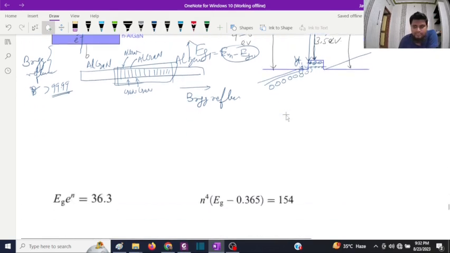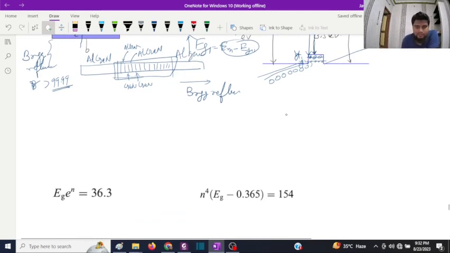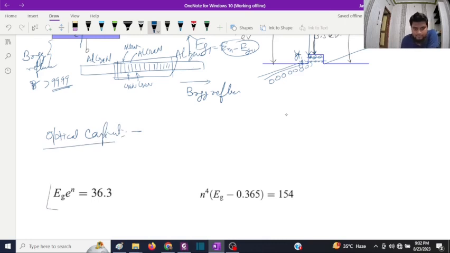Now coming to the point of how we achieve this optical confinement. The relation between band gap energy Eg and refractive index N in semiconductors was given by T.S. Moss.